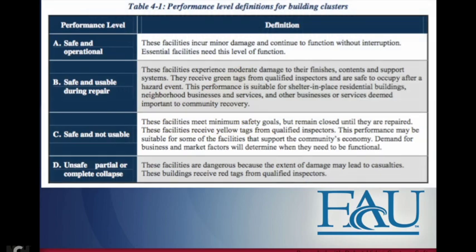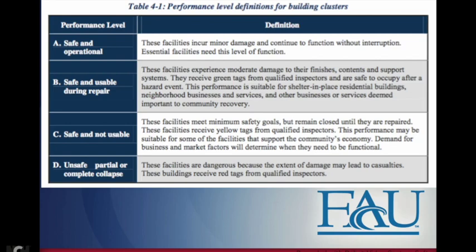So this is from Chapter 4, performance level definitions for building clusters. So when you take a look at building facilities and infrastructure systems, they can be rated based on A, safe and operational, B, safe and usable during repair, C, safe and not usable, or D, unsafe, partial, or complete collapse.